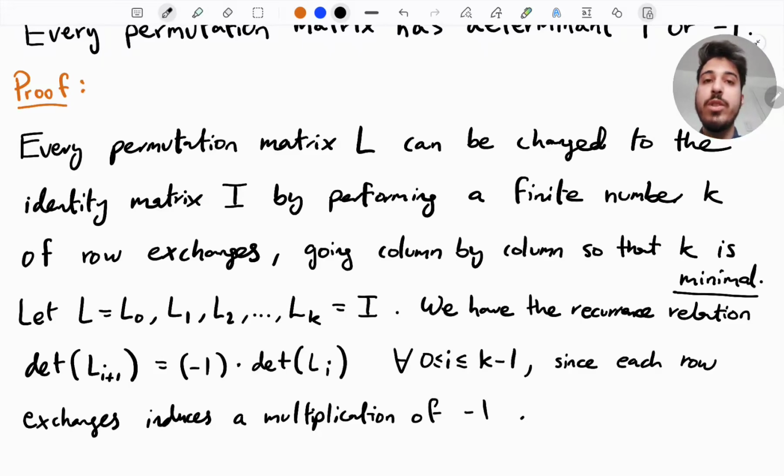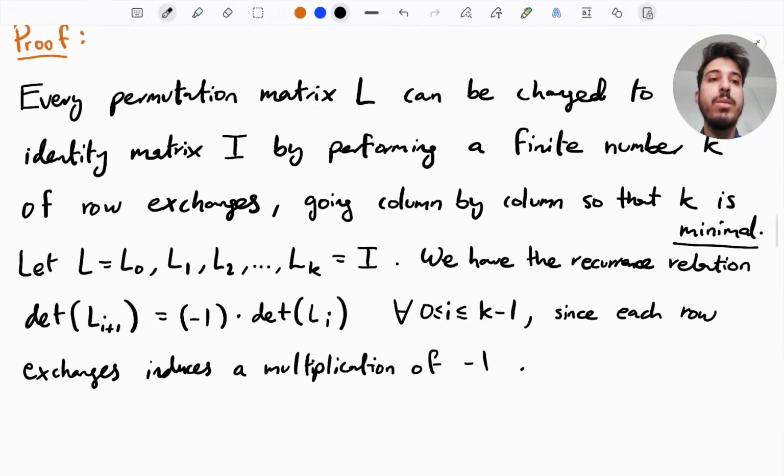So for each row exchange, we multiply the determinant of the previous matrix in the sequence by minus 1 until we reach the last element, which is Lk here, and that equals the identity.